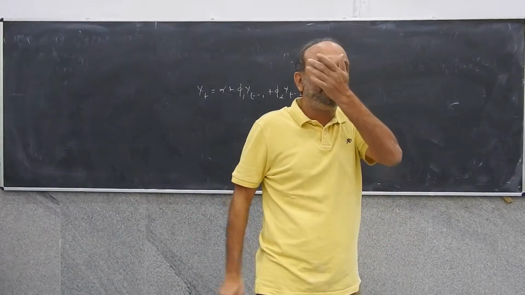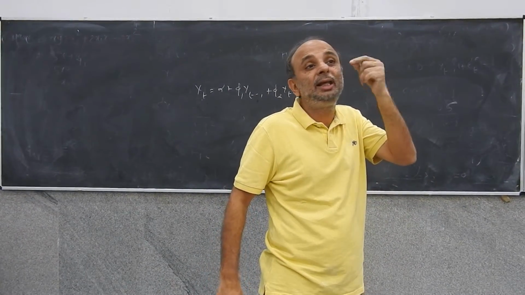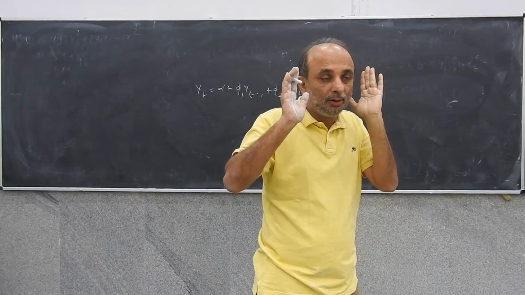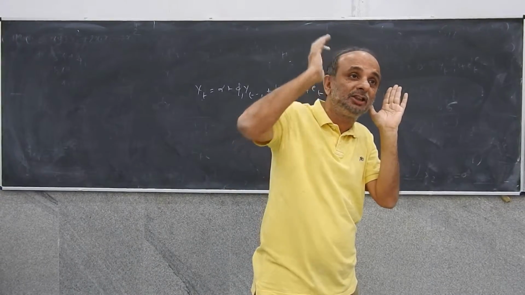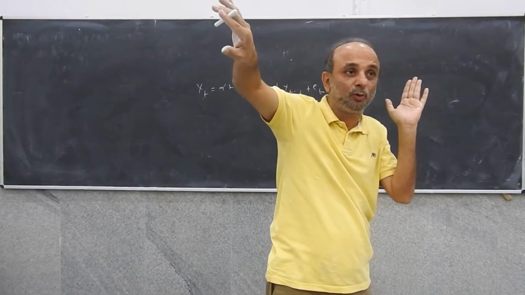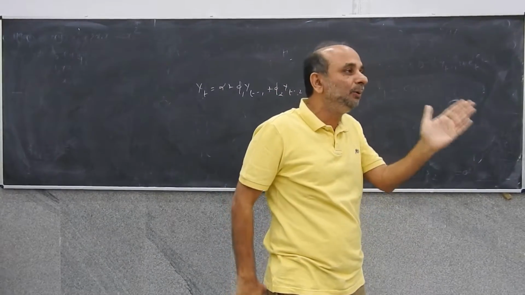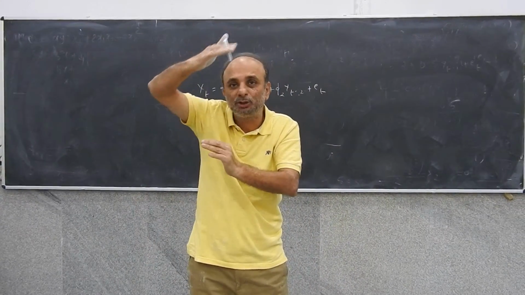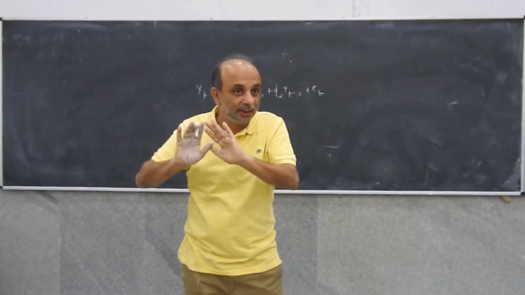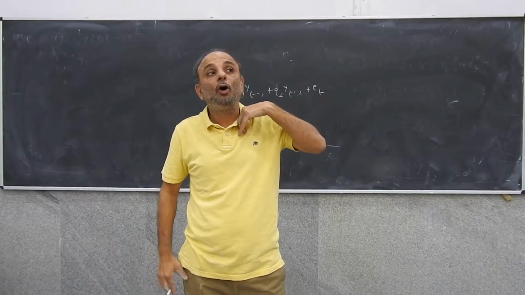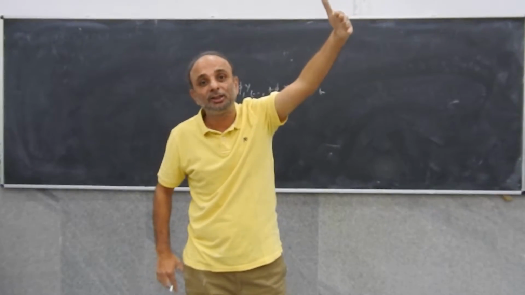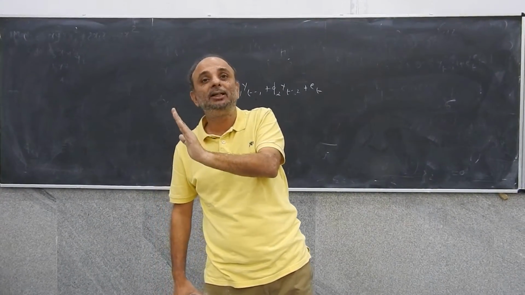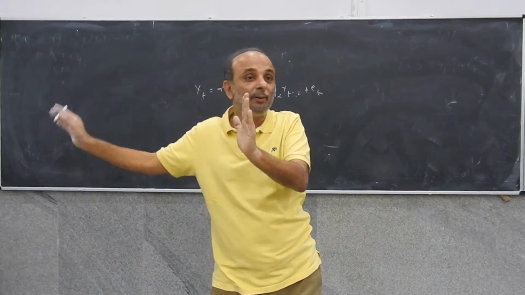So the point now is, if you have a stationary AR2 process, then you must think of two objects. One is the autocorrelation function, which measures indirect correlation as well, where yt will be correlated to yt minus 1, yt minus 2, yt minus 3, yt minus 4, yt minus 5, and that correlation will keep on declining for a stationary AR2 process. You can also think of direct correlations or partial correlations, where yt is correlated with yt minus 1 and yt minus 2, but not with yt minus 3, yt minus 4.